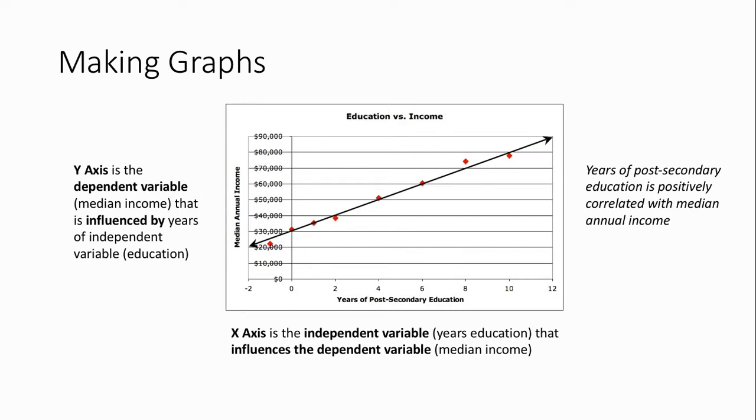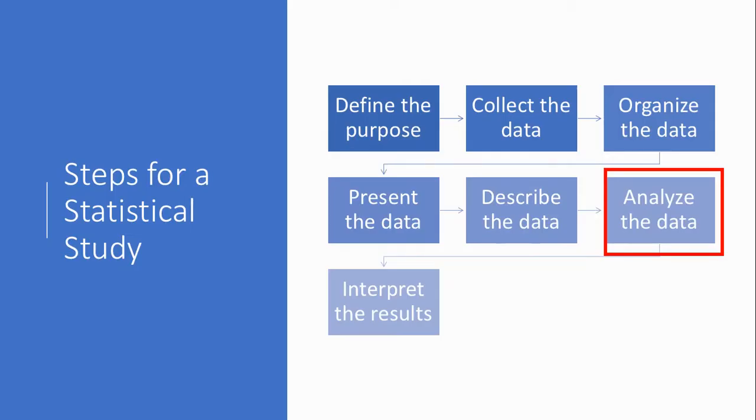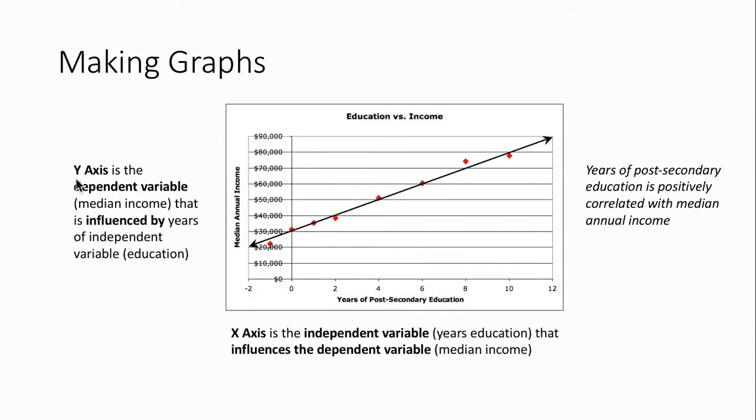Making graphs. So the y-axis is the dependent variable. In this case, they're reporting median income that is influenced by years of education. Education is the independent variable. So, let me go back. Sorry, I'm trying to get my tools here.